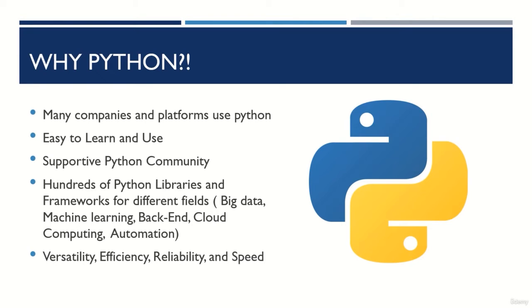Because the best things about the Python programming language are versatility, efficiency, reliability, and speed. Python can be used in many varieties of environments such as mobile applications, desktop applications, web development, hardware programming, and many more. So this will open up many opportunities for you. Python is very useful and really worth learning in 2022.